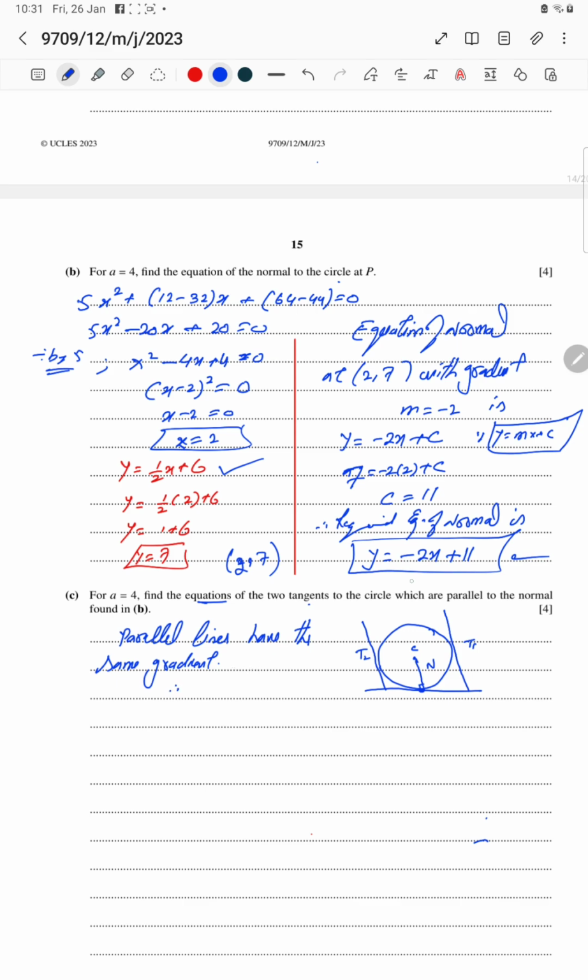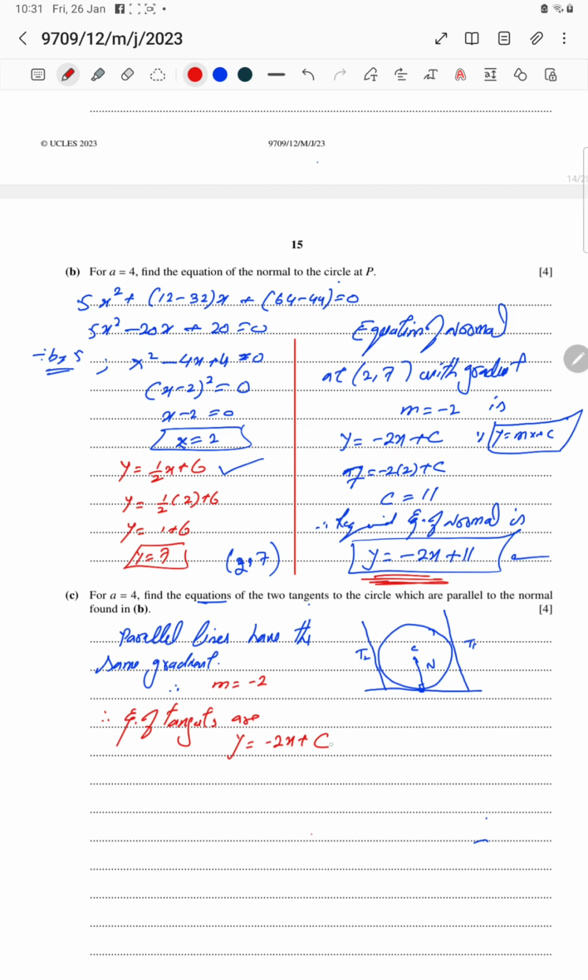Therefore, from the above part, we know that m is equal to minus 2. So the equation of tangents are y equal to minus 2x plus c.